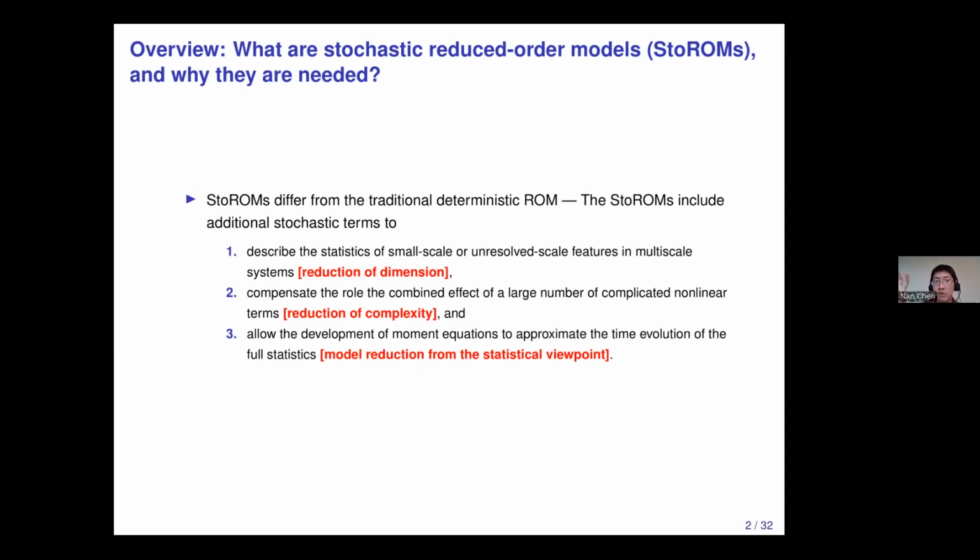If you want to fully represent the PDF, the probability density function, that's too difficult, so we can instead just capture the mean, variance, or the first few leading moments. So it's another way of reducing the complexity of the system. That's why we need these stochastic reduced models, because they provide different ways to help us make things simple but useful.